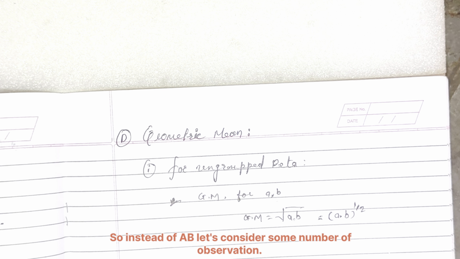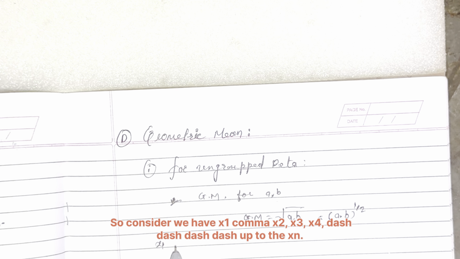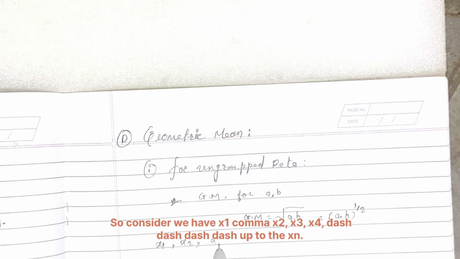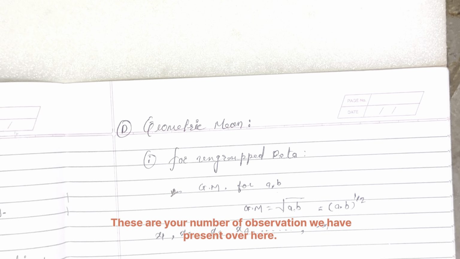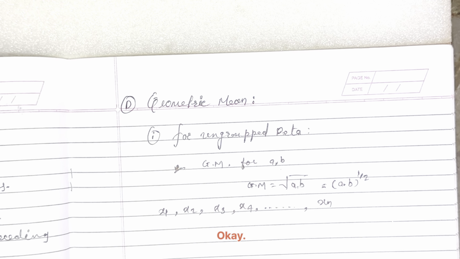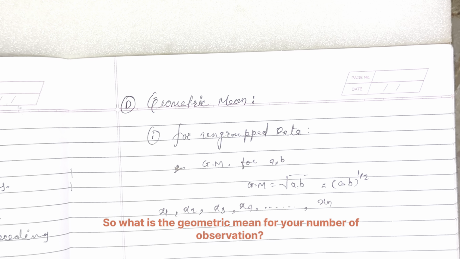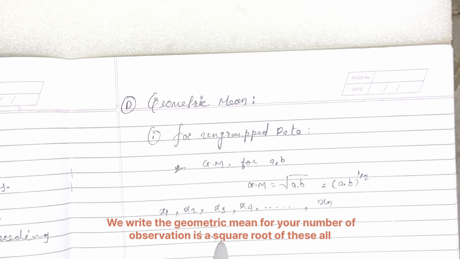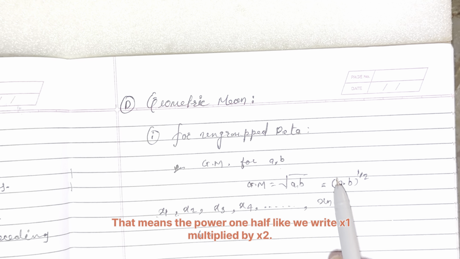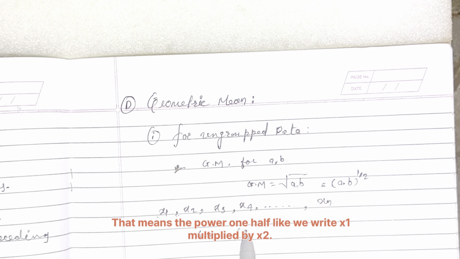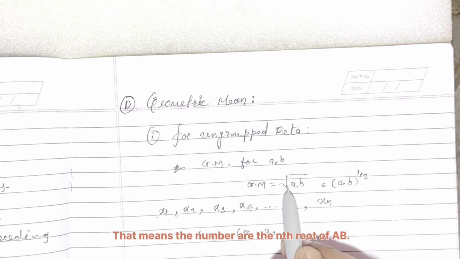Instead of A and B, let's consider n number of observations: x1, x2, x3, x4, up to xn. What is the geometric mean for n number of observations? It is the nth root of all these numbers.